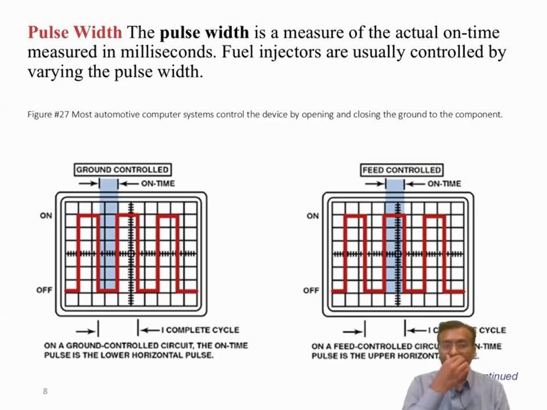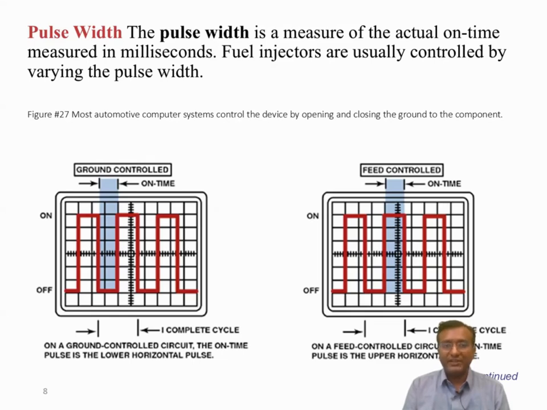Now, what happens, this triggering of the signals in the oscilloscope is an important thing. But before going to that, we will discuss this pulse width phenomena one more time. As I have discussed, it is a measure of actual on time measured in milliseconds.